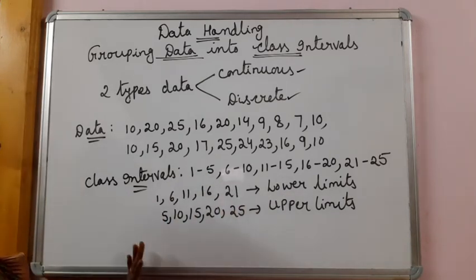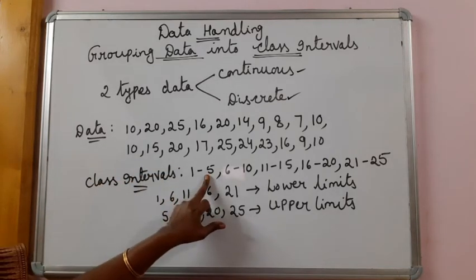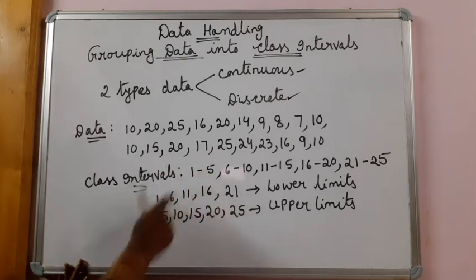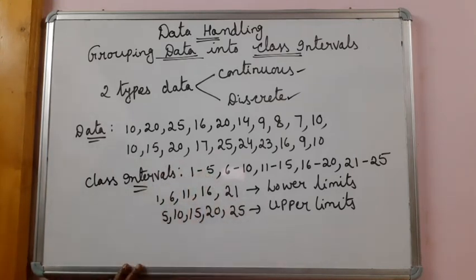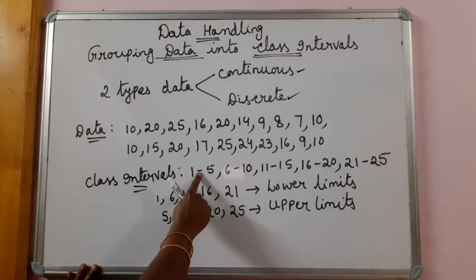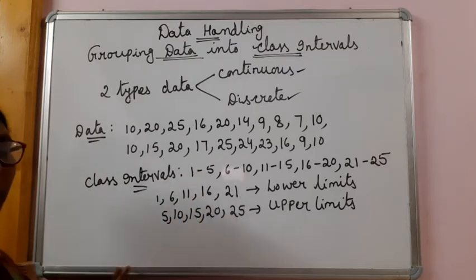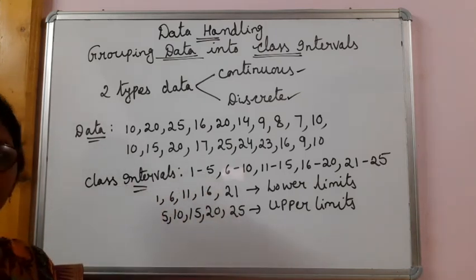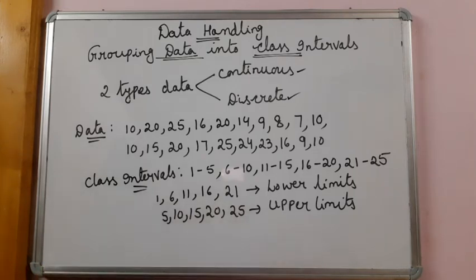Okay. Then what is the class mark? The mid value of each class interval is the class mark of the class interval. In this case, the mid value between 1 and 5 is 1 plus 5, 6 by 2, which is 3.